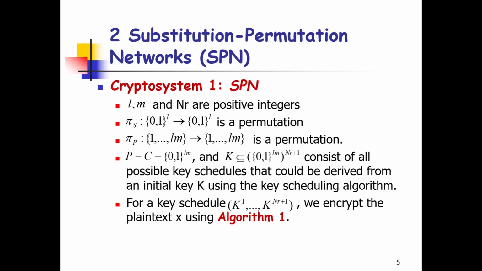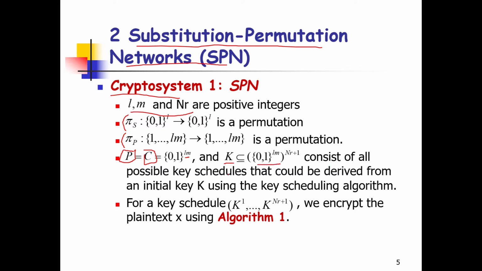So let's talk about the substitution permutation network, SPN. It is a crypto system which has three positive integers l, m and r, and two permutations, pi s and pi p. In this SPN, we have a plain text and will generate the cipher text of length l times m, and the random key K belongs to this set.